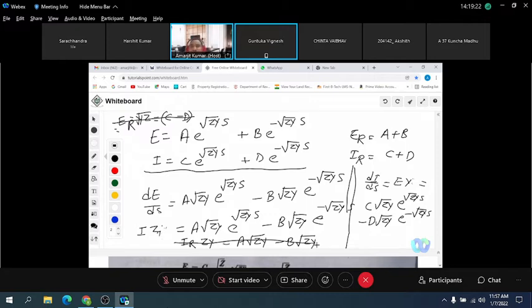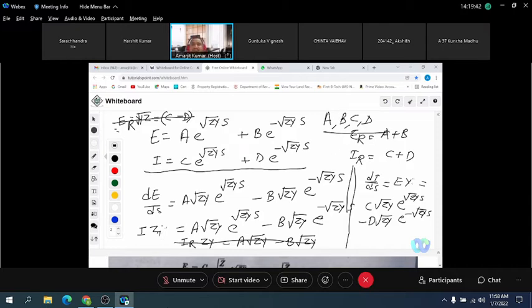Okay, good. So these four equations we have to solve for obtaining A, B, C, and D. We have four linear equations for A, B, C, and D. Easily you can solve.